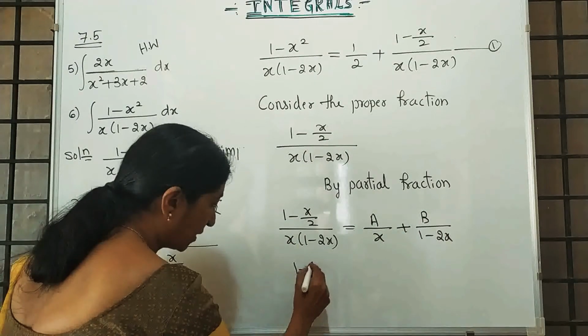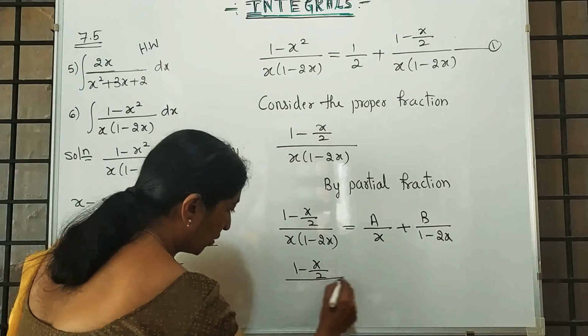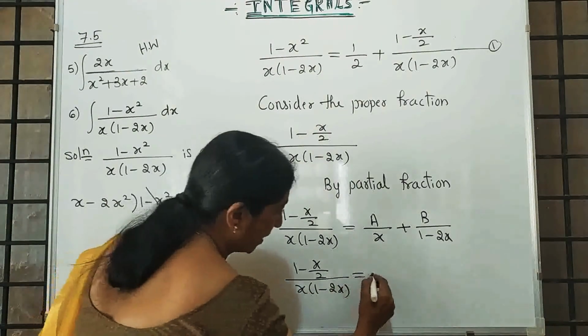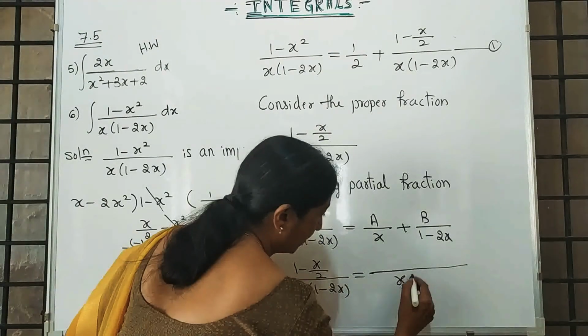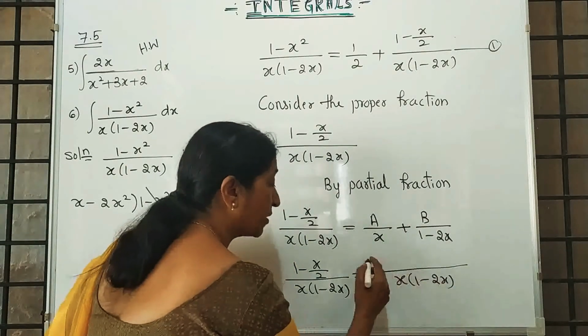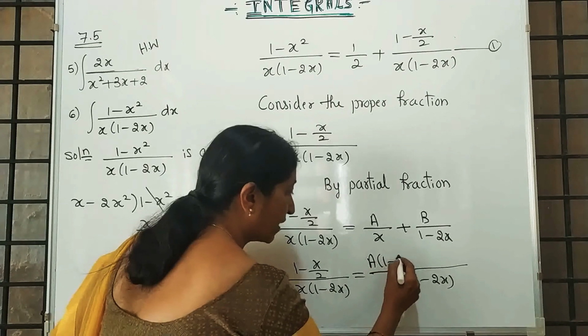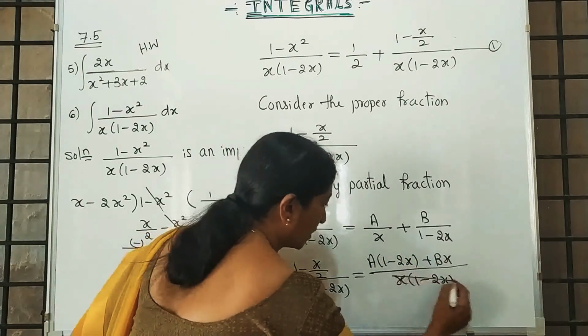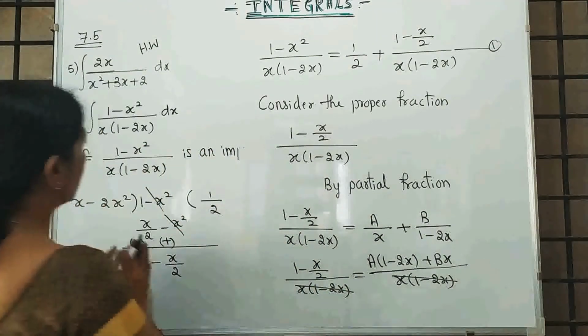Keep the left side as it is, 1 minus x by 2 upon x into 1 minus 2x. The LCM will be the same as the left side, x into 1 minus 2x. A is multiplied with 1 minus 2x. B is multiplied with x. These two terms get cancelled.